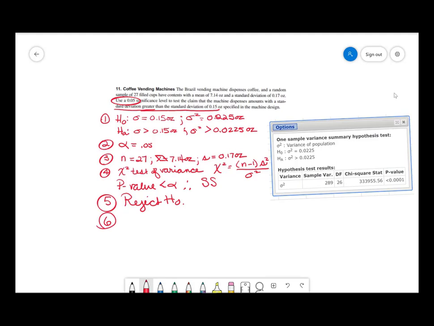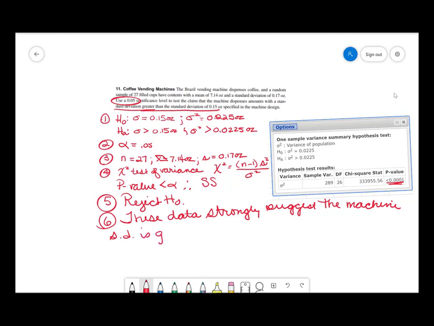Step 6 is going to be my summary. These data strongly suggest, because my p-value is very small, that the machine standard deviation is greater than 0.15 ounces specified in the machine design.